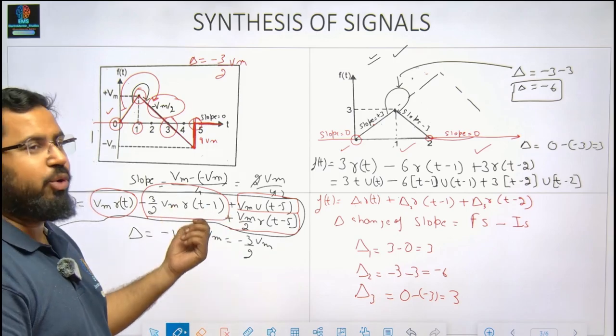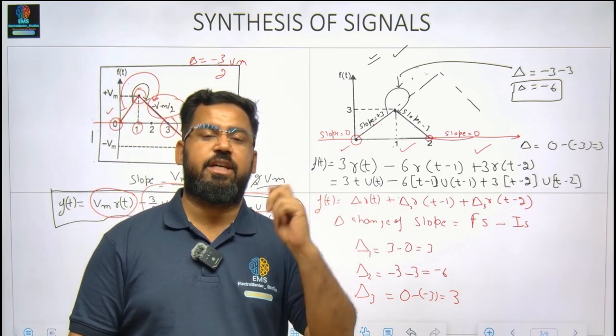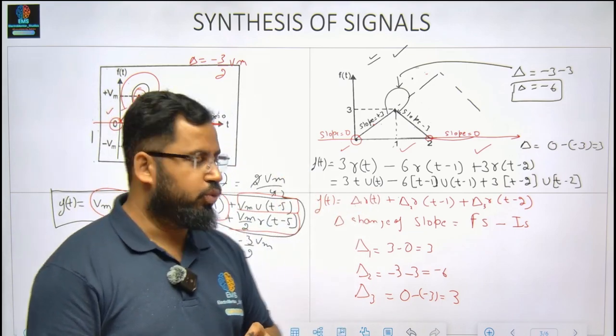So we just have to calculate the form in the form of r(t), and then we can convert it into the form of u(t).